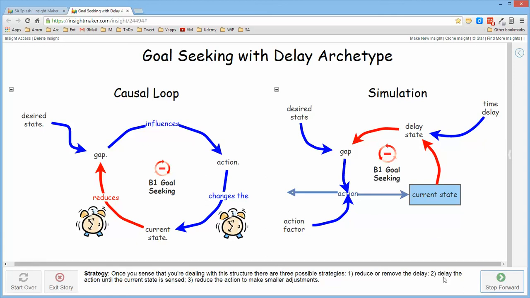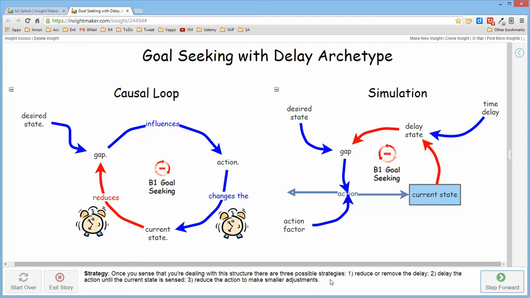Now, the other one is delay the action until the current state is sensed. What I said about the shower and being impatient, if you know that there's a delay, then you can hesitate rather than act until you're aware of what the current state has evolved to, and then base your actions on that current state. And then the third approach is to actually take smaller steps.